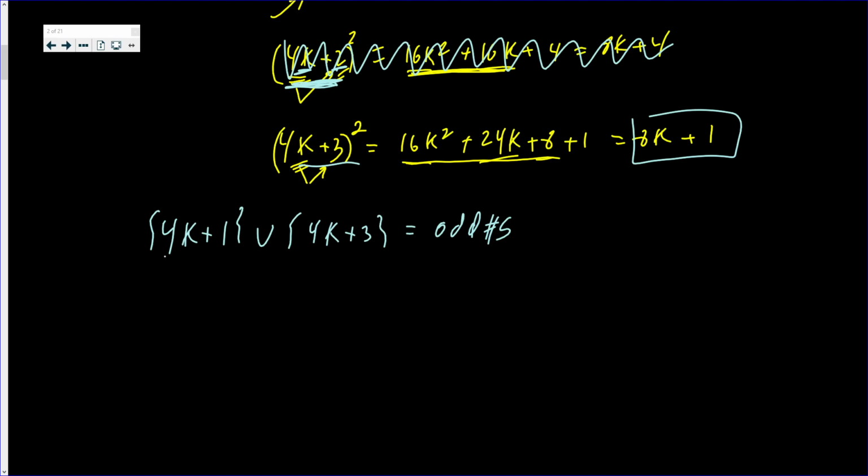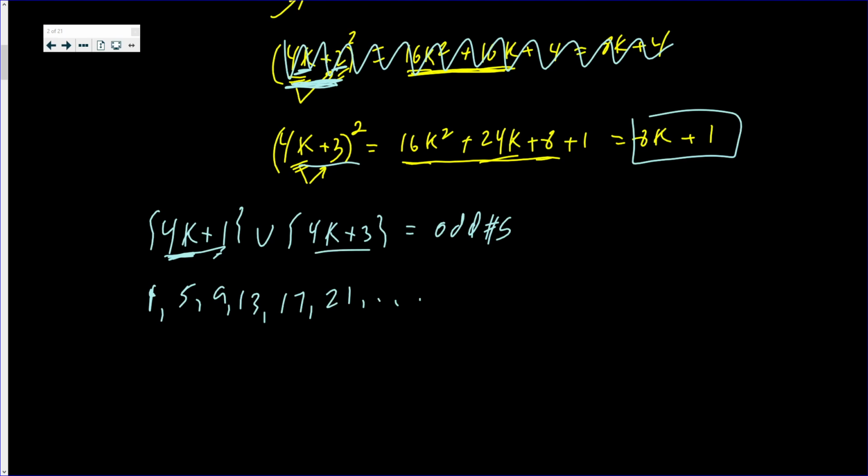Well, if k is 0, these are one more than the 4 table. So it's 4 times 0 plus 1. 4 times 1 plus 1 is 5. And 9 and 13 and 17 and 21.